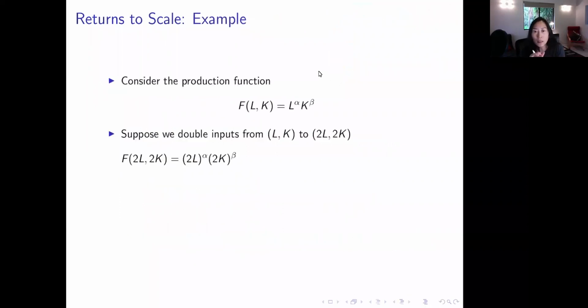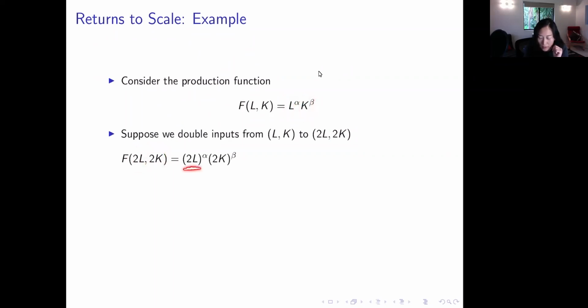For example, I have this Cobb-Douglas production function in which I don't know the values of the parameters alpha and beta. Suppose we double the inputs from L, K to 2L and 2K. So I have F(2L, 2K), and I just replace L with 2L and K with 2K in my production function.